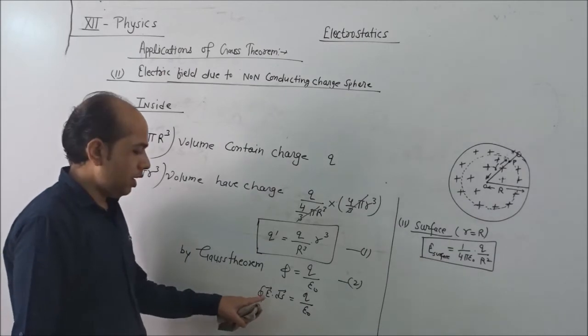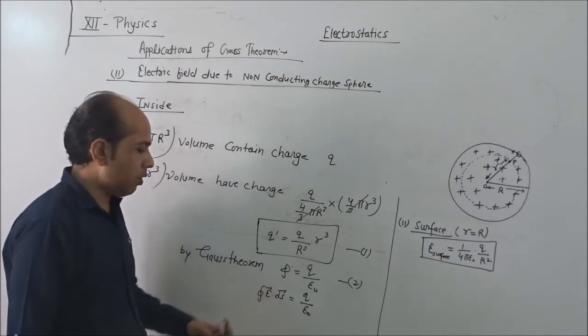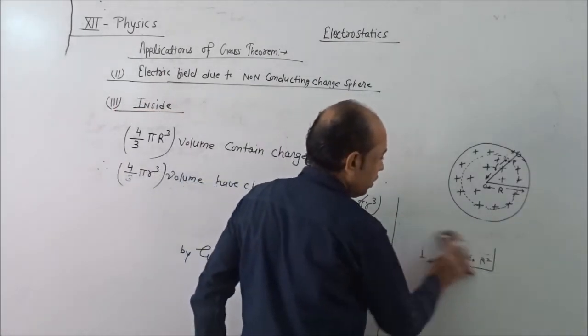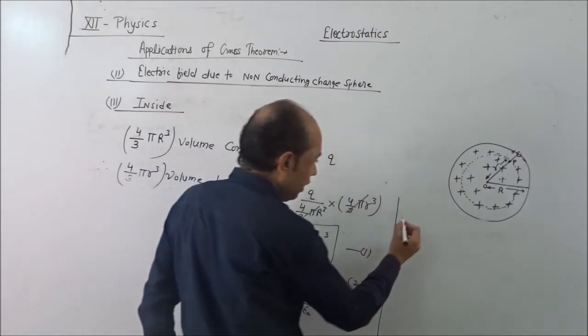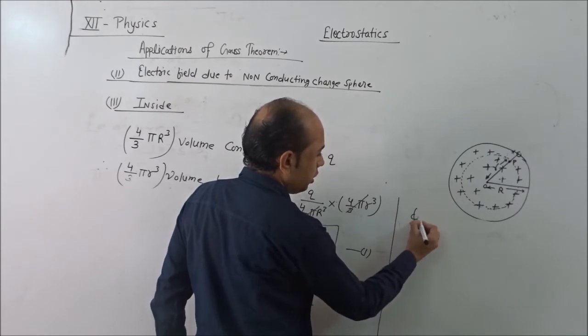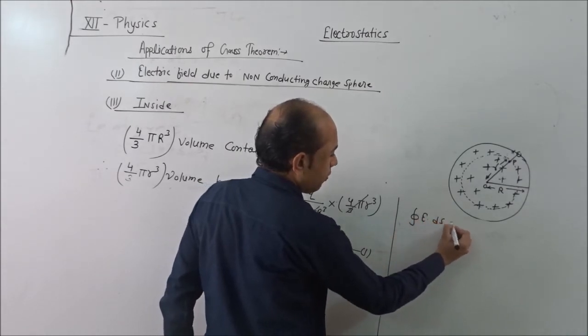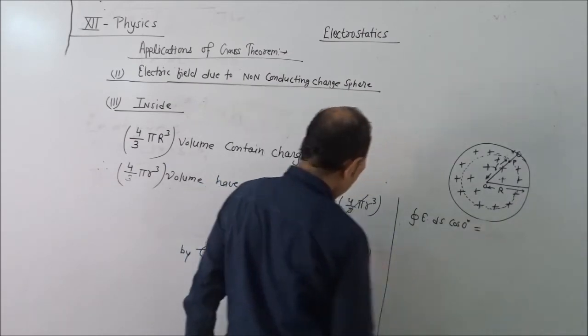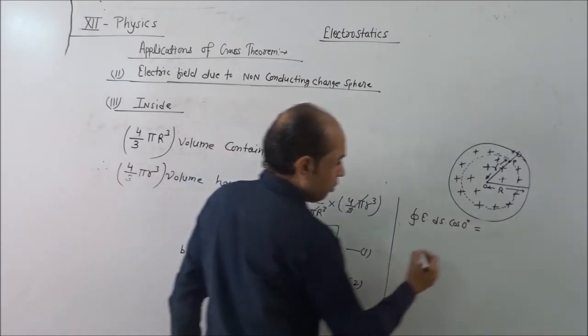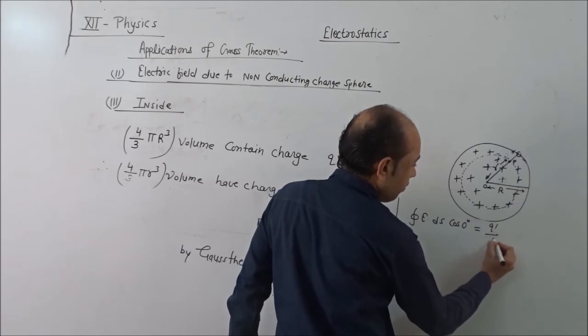Again, E dot ds is a scalar product, so it is split with cos of theta. So integration E dot ds cos of 0 degrees equals q dash upon epsilon naught.